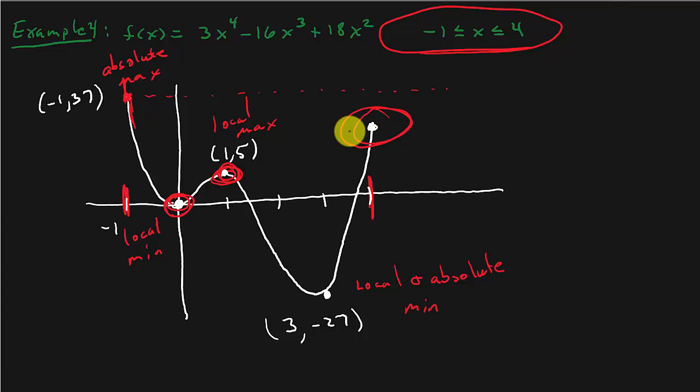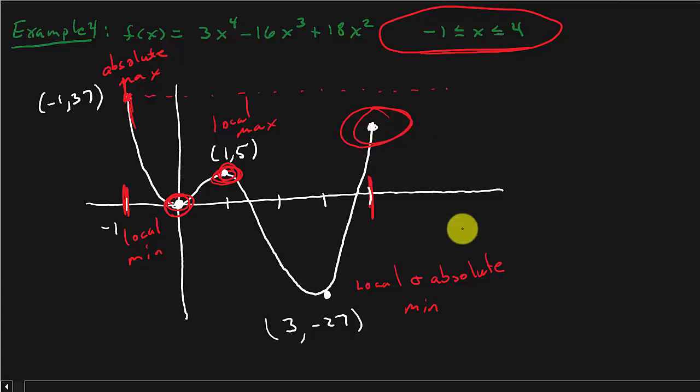Okay? It's nothing. It's not a local max or min, and it's not an absolute max or min. Because it's not the smallest on this entire domain, and it's not the largest on the entire domain. So this one here is nothing.